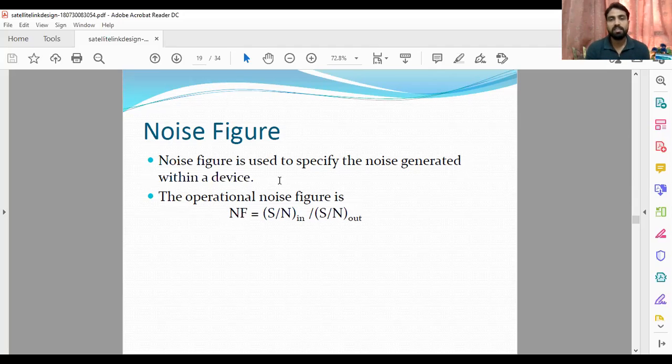Now the second thing is that we are using a device which itself creates a certain noise, because it has heat, it has a temperature, it has signal processing, it has its own working abilities that create noise.